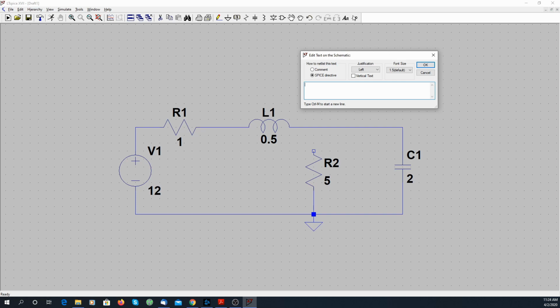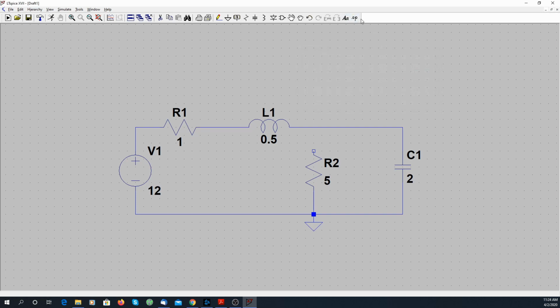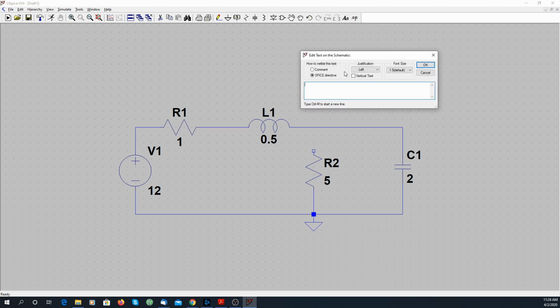I do that by clicking on this .op button. To set my initial condition, I do .ic, and then for the inductor current, it will be I, open parentheses, L1, because I'm setting the current of inductor L1, and it should be 2 amps.